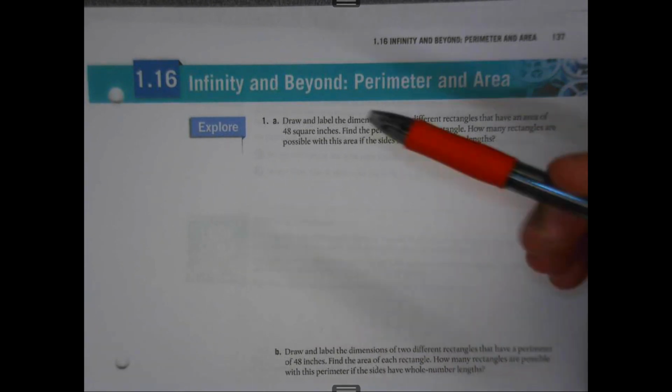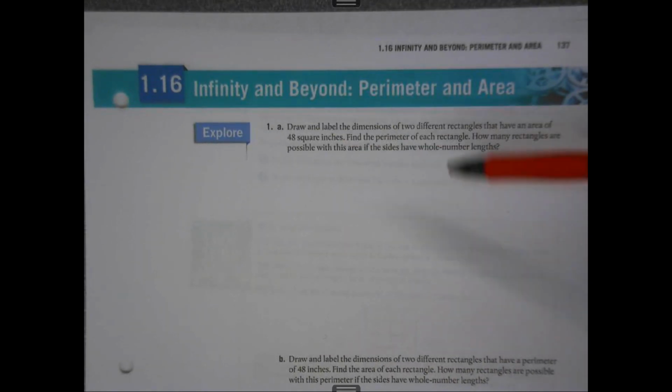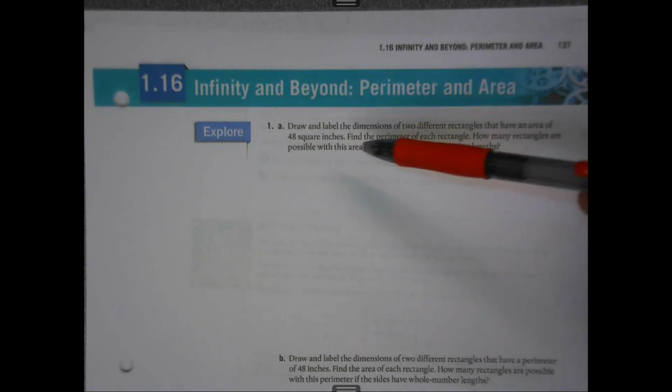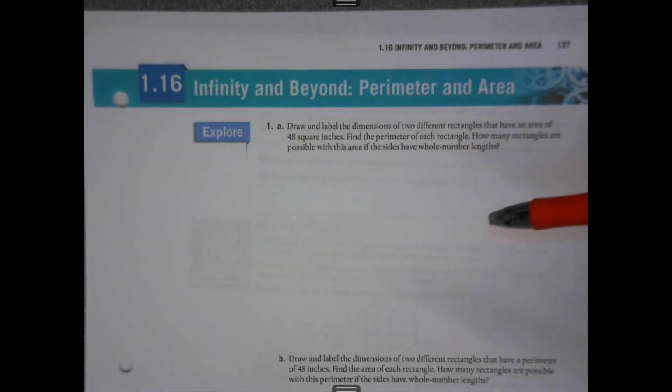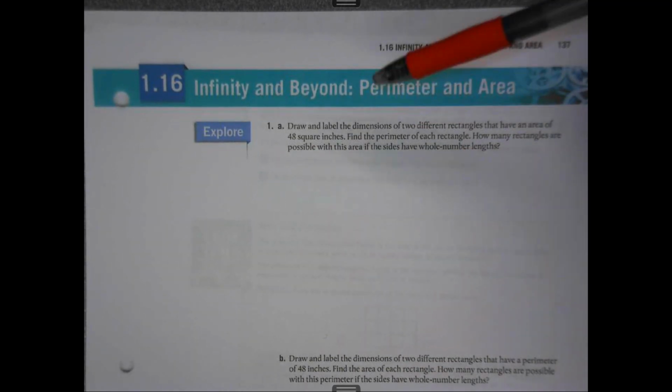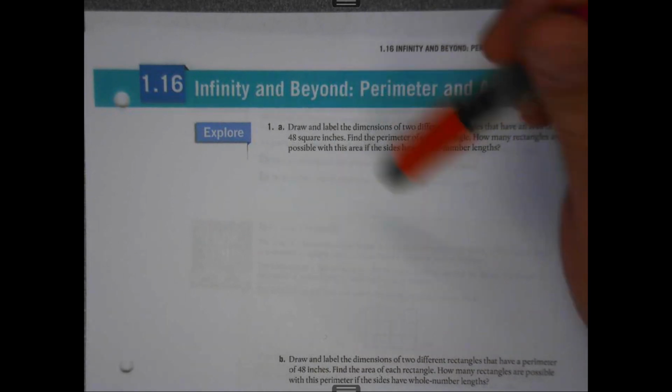Okay, perimeter 1.16, perimeter and area. The explore section gives us two examples here. They want us to find rectangles that have an area of 48 square inches.